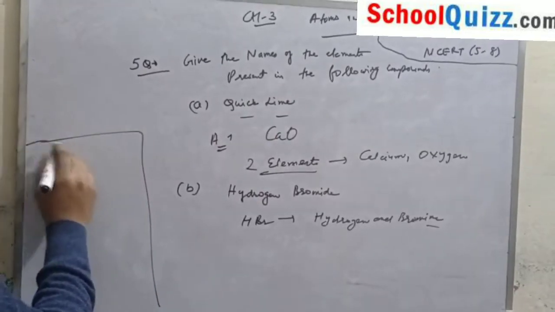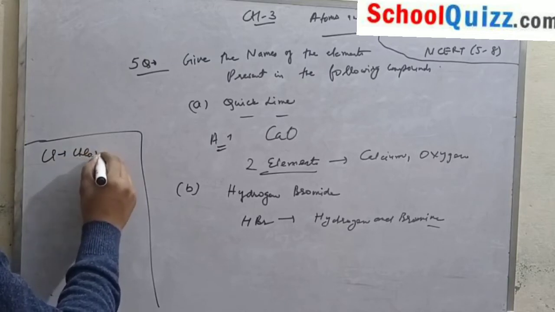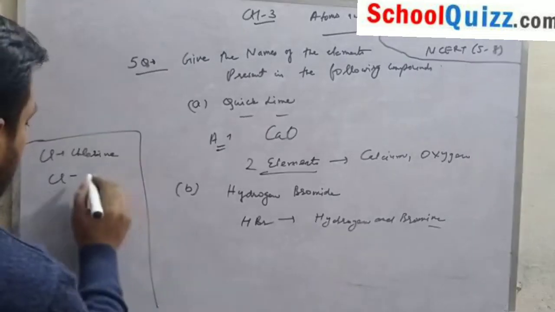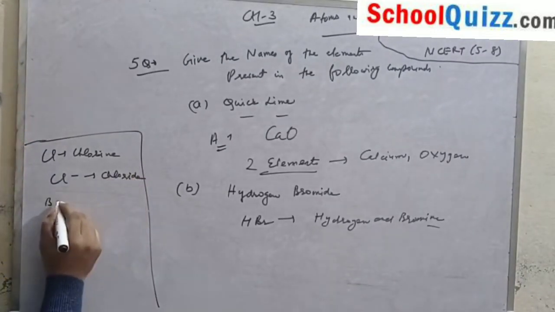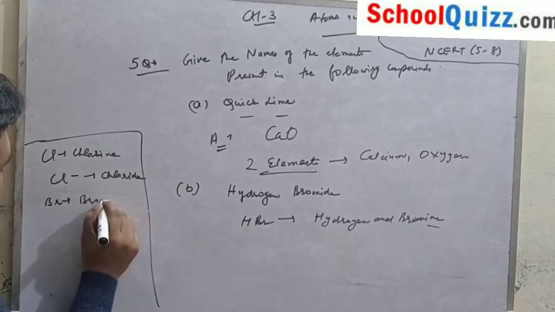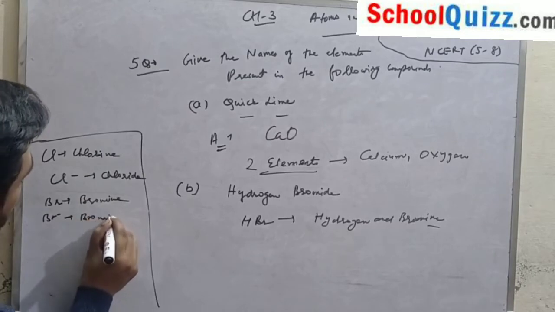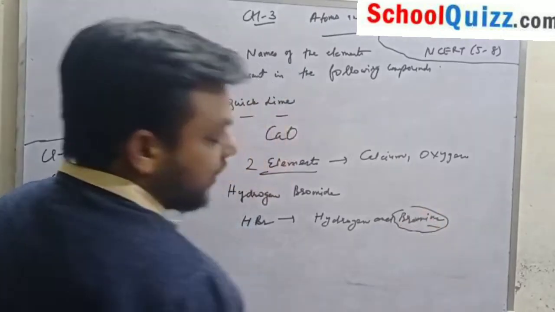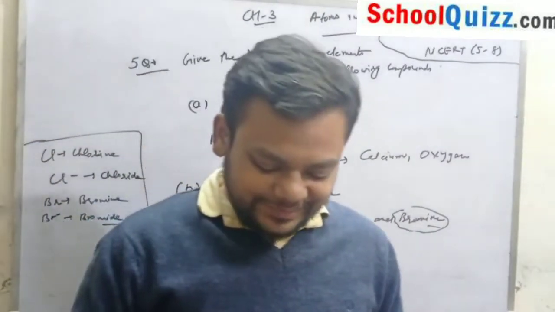As I have already told you, Cl is chlorine, but when it gains one electron, it becomes chloride. Similarly, Br is bromine, but when it becomes Br negative, it becomes bromide. So you should write bromine here, not bromide.